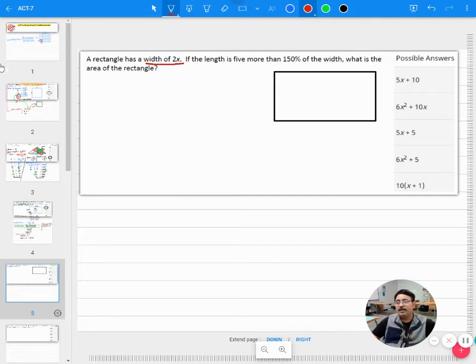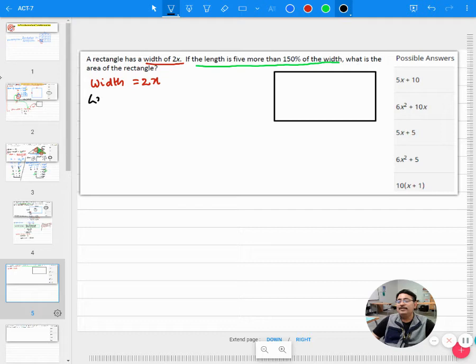I see that width is equal to 2x. Next, the length is 5 more than 150% of the width.